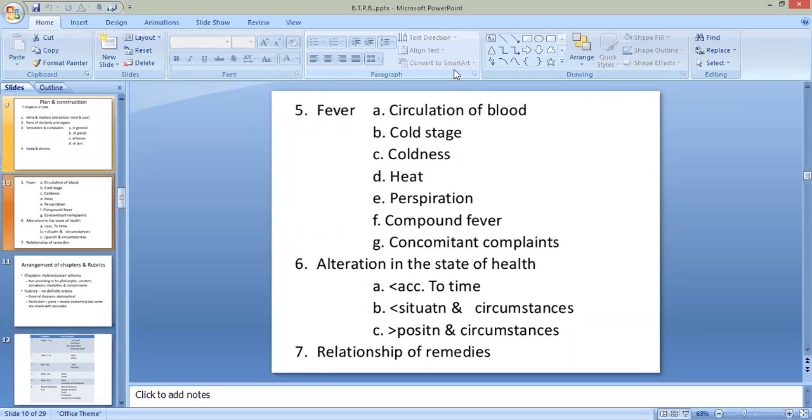So in this way, there are about 7 subchapters and they are arranged in a proper order. That is, first one is circulation of blood, second one is cold stage, then coldness, then heat, perspiration, compound fever, and concomitant complaints.